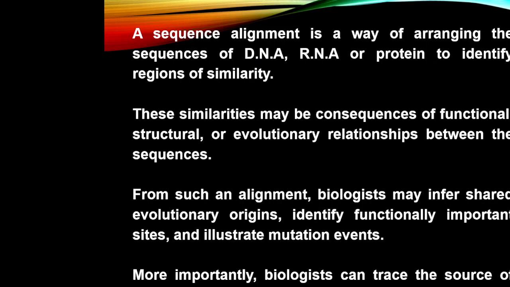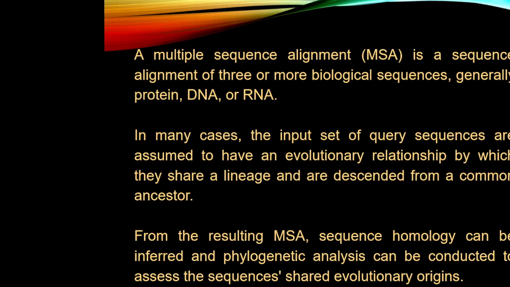If you take 10 species belonging to the cat family, you can find a lot of similarity. You will be able to find out which two species of cat are more similar, and which are more distant from one another. That way you will be able to discover the evolutionary relationship between different species. That is the aim of any multiple sequence alignment.